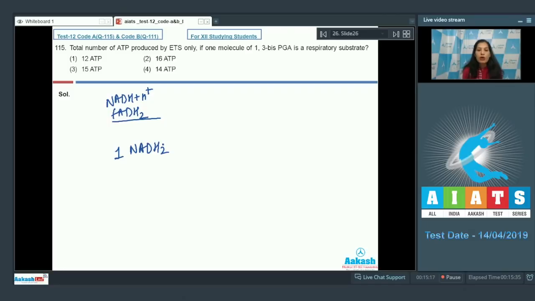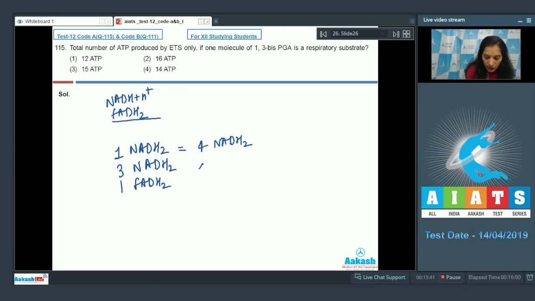In the link reaction, there is a formation of acetyl coenzyme A, and that acetyl coenzyme A goes to the Krebs cycle, where it produces 3 NADH2 molecules and 1 FADH2 molecule. So the total is 4 NADH2 molecules and 1 FADH2.